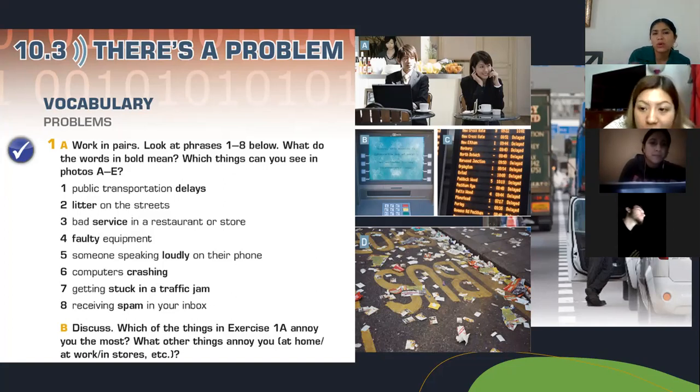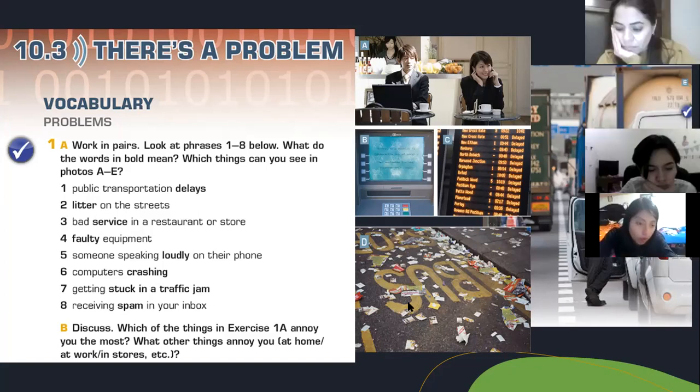Be more specific, in a store or a restaurant or both? Both. Both, okay. Alexis, what about you? Which one do you hate the most? 7, okay. 3, and 6. Okay, thank you. Anna, which one do you hate the most? Getting stuck in the traffic jam.